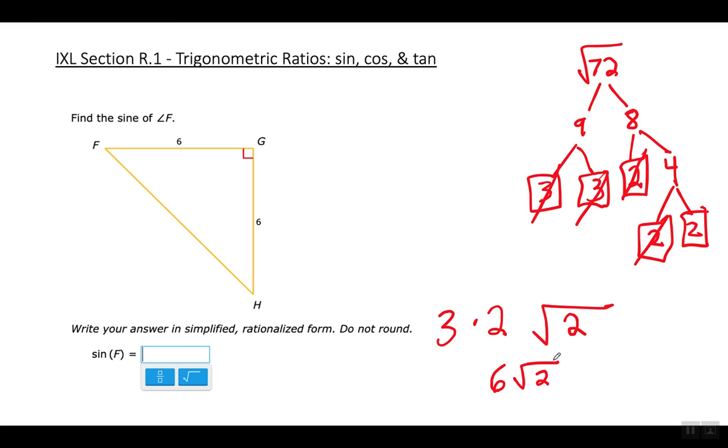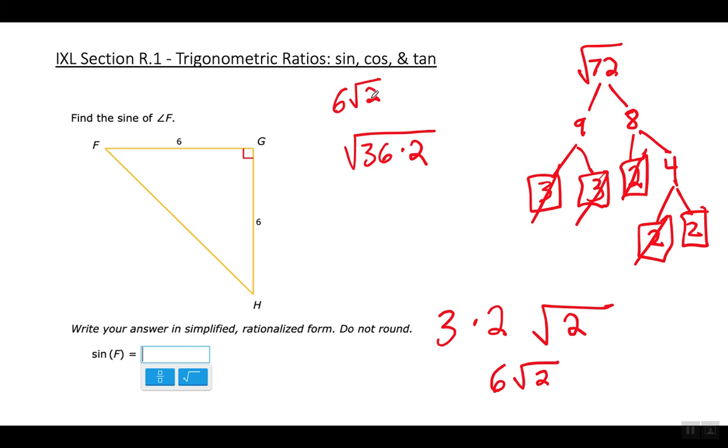Now, let me show you a little trick, boys and girls, young cobras. Here's a little trick so you can realize what would have been the quickest way to get my answer. Simplified, I got 6 square root of 2. If I go backwards and put the 6 underneath the radical sign, just square the 6, and this would have been the quickest combination.